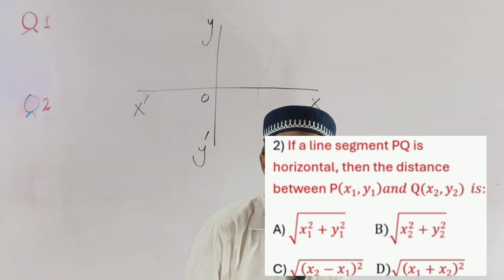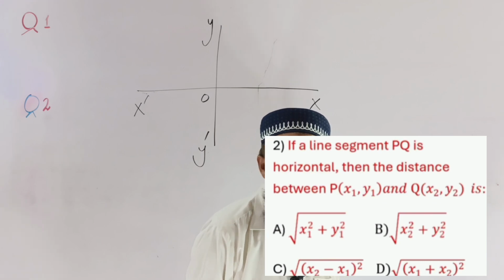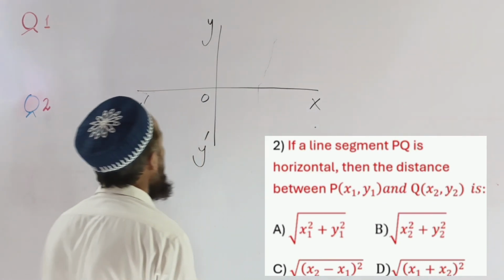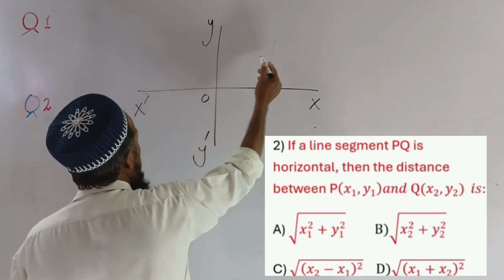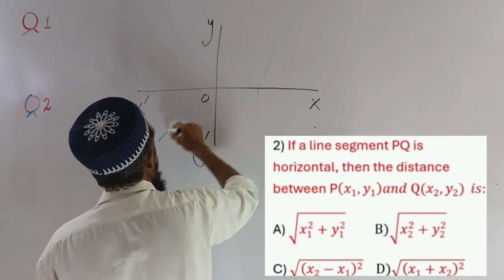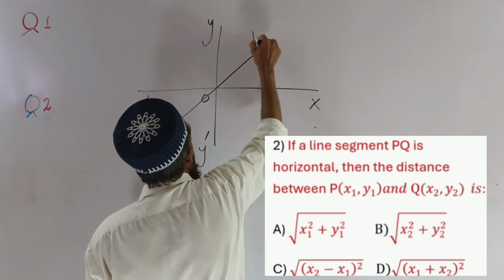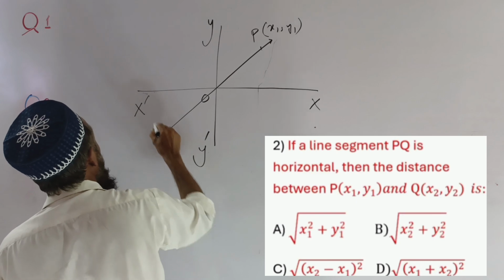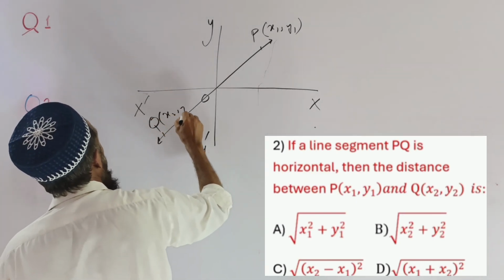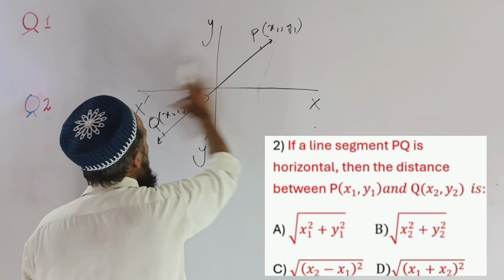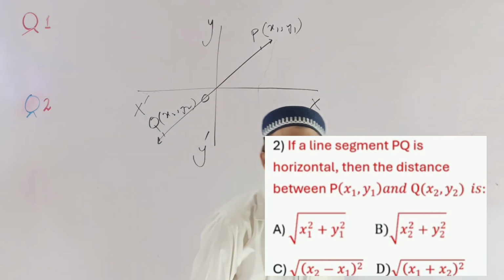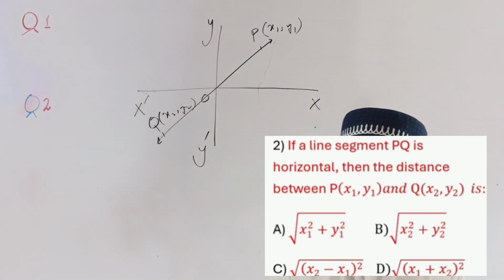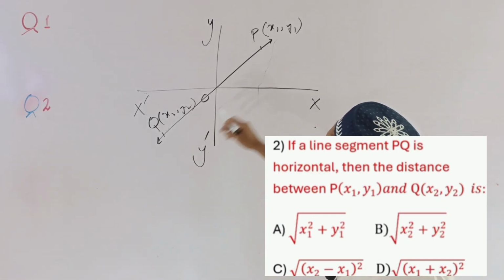For example, this one is P with x1 and y1, and this point is Q with x2 and y2. On the horizontal line it passes, it is a line segment between the two points P(x1, y1) and Q(x2, y2).